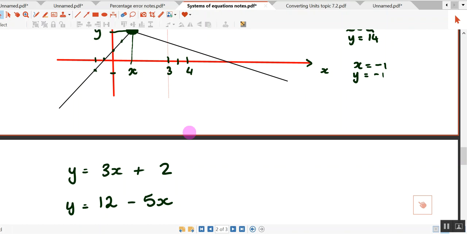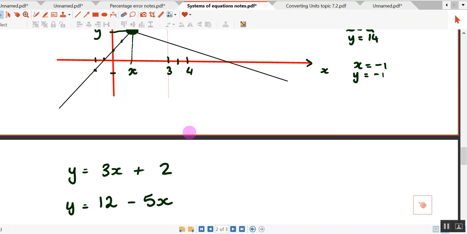They definitely can't be the same gradient. Why? If they were the same gradient, they would never meet, or they would be the same line. If they're the same line, they always meet.